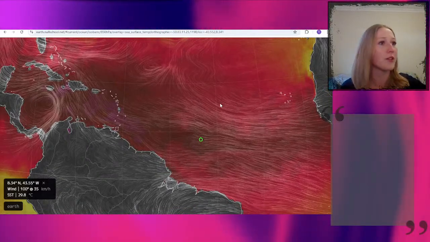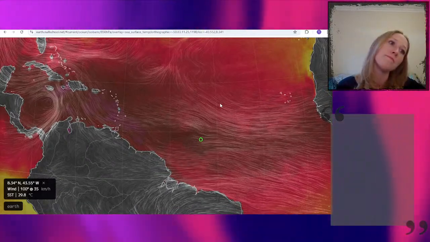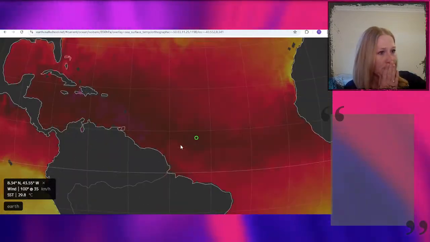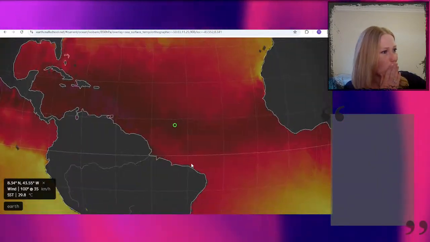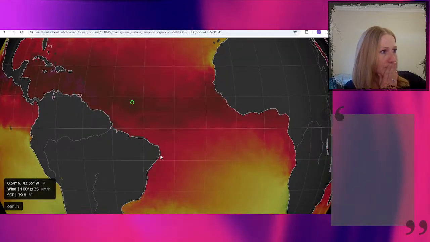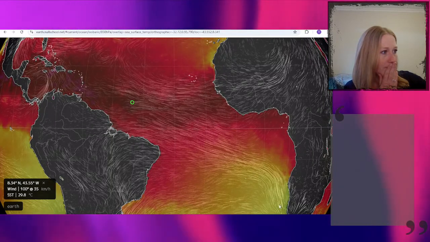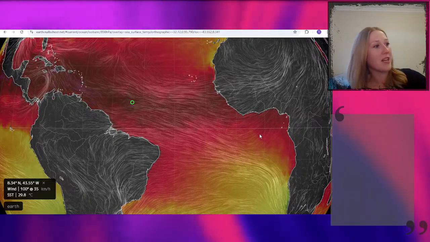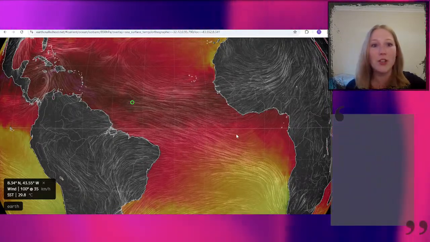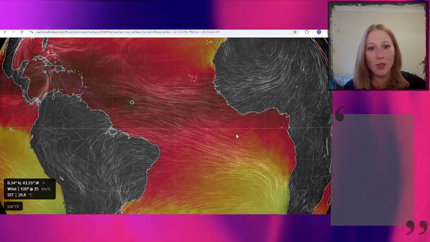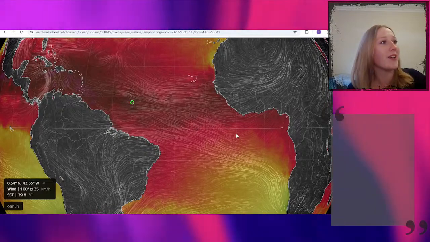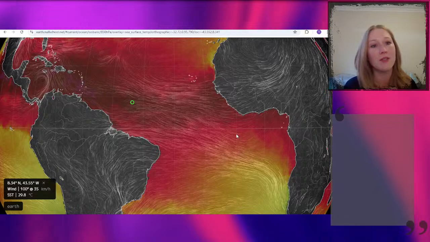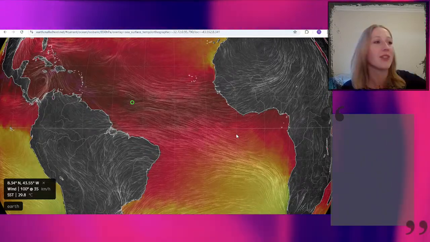If we look, I'm trying to find an example. Can't really. Okay, so you can see that everything is being blown in the same direction over there. That is because of Coriolis force. In the northern hemisphere, it will deflect to the right, and in the southern hemisphere to the left.